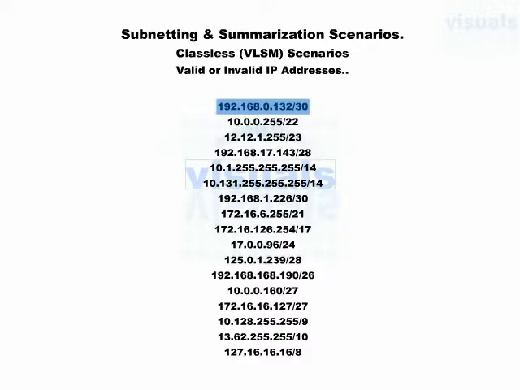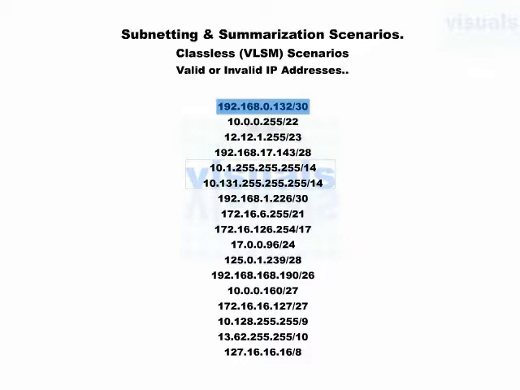Now we can see that the /30 provides us the subnetwork by applying those bits. Now 25 bits provide 128. After that, 26 provides 192, 27 provides 224, 28 provides 240.